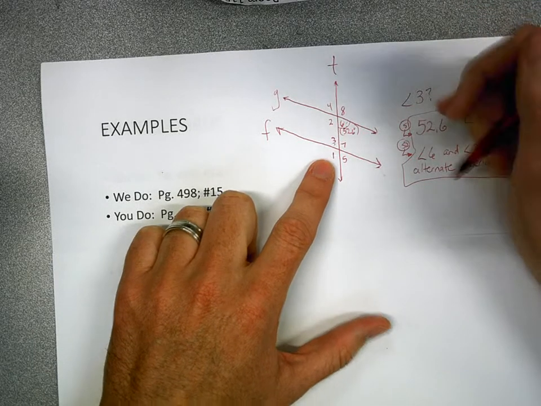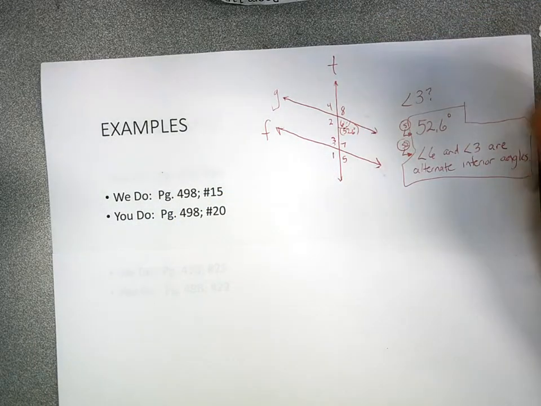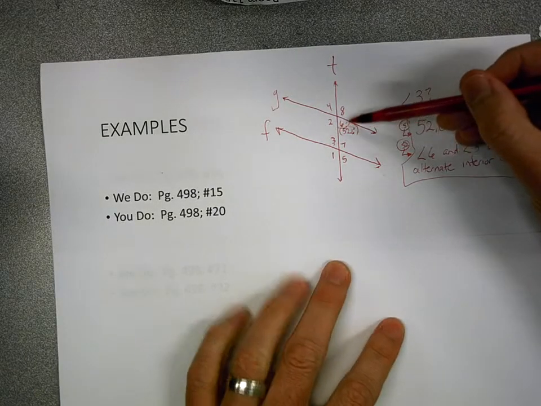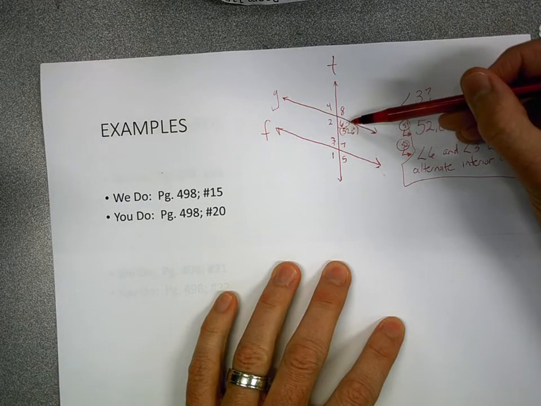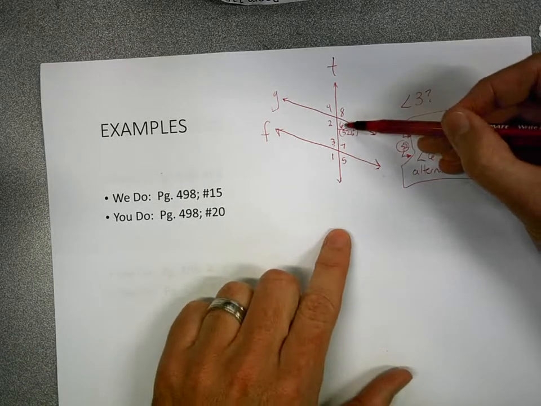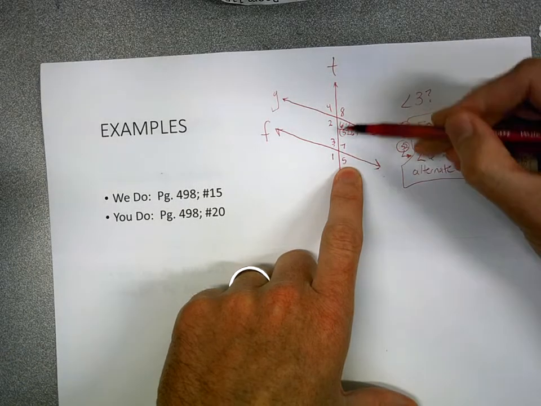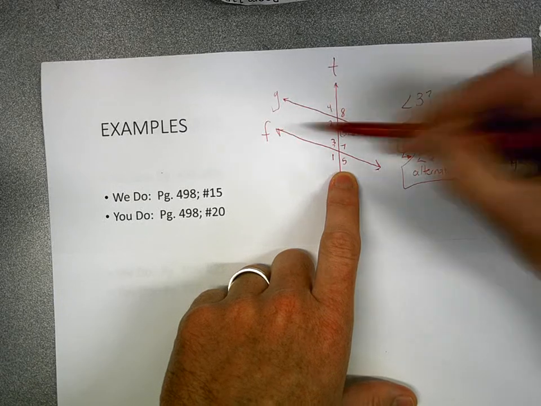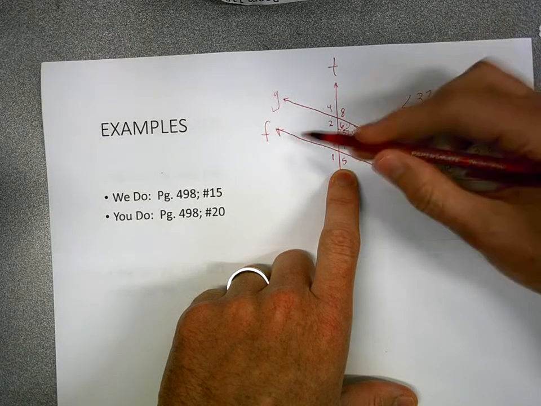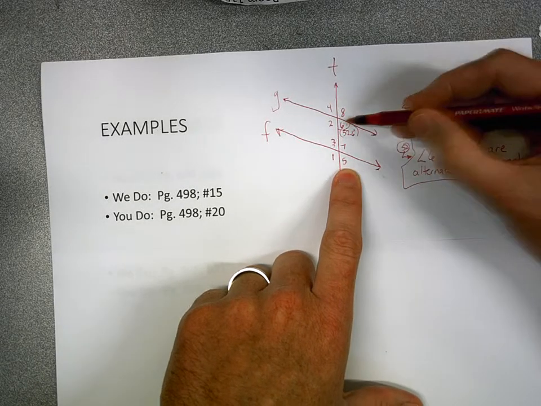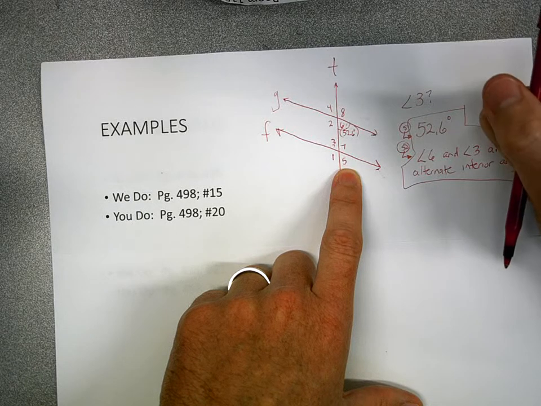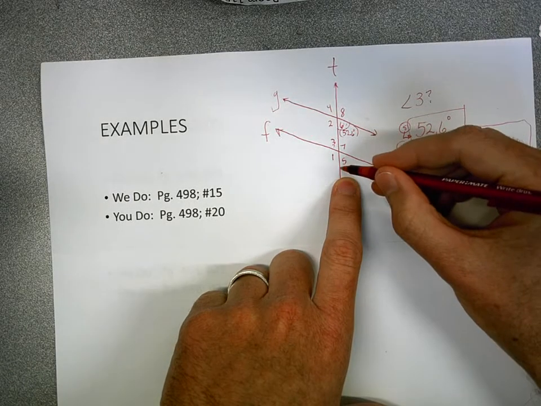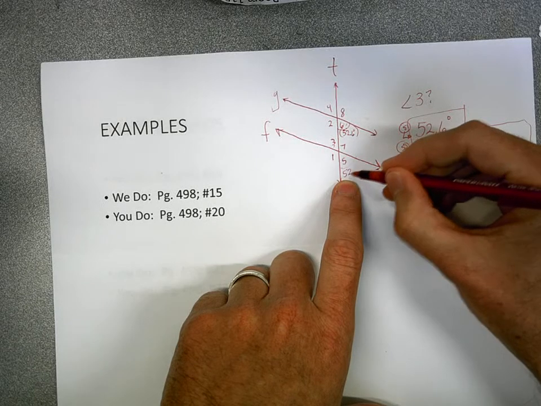One way: if I'm looking at angle 6, I know that angle 6 and angle 5 are like twins based off of these two parallel lines, meaning that they are corresponding angles. That means angle 5 is 52.6 degrees as well.